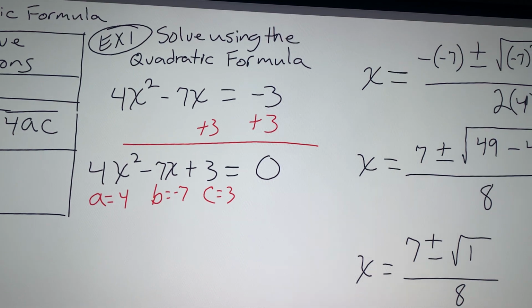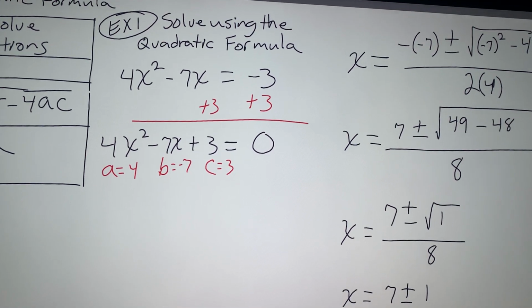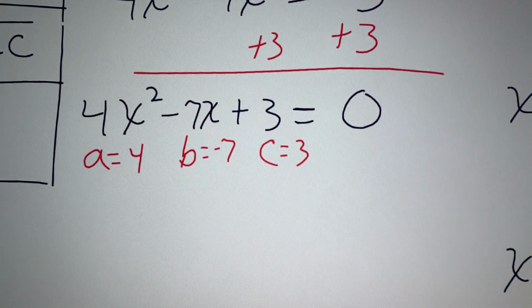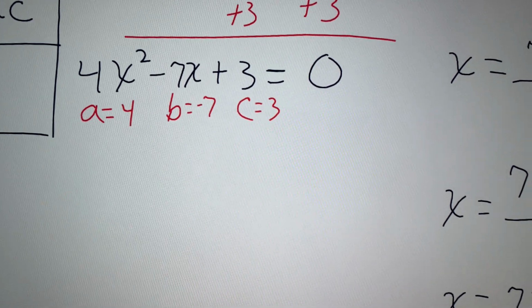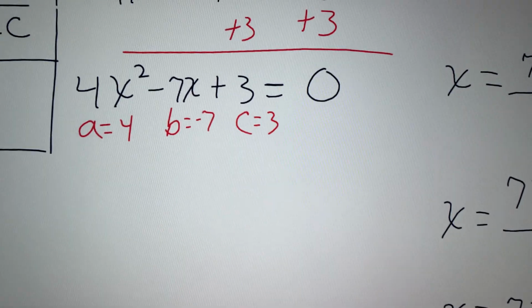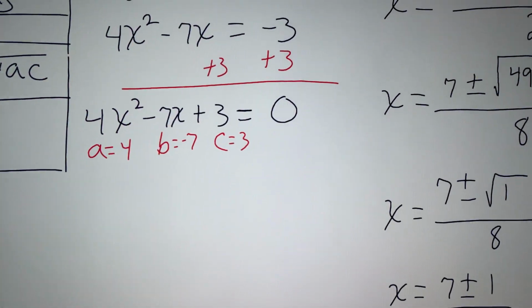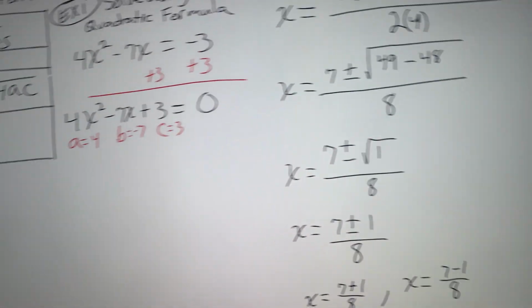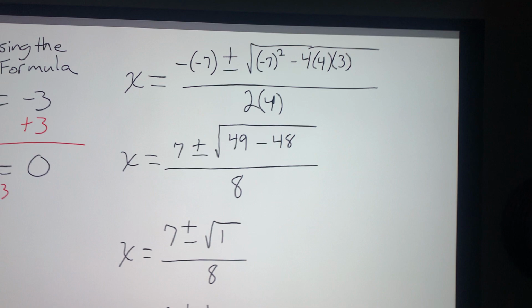And in this example, again, we had to get it set equal to 0, and now we have the equation set equal to 0. We can determine what a is, what b is, and what c is. So in this case, a was 4, b was -7, and c was 3. So in solving it, we plug a, b, and c into the formula.